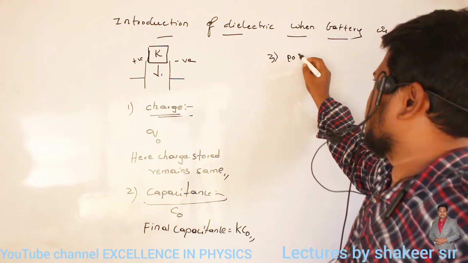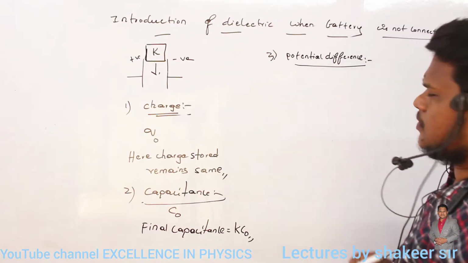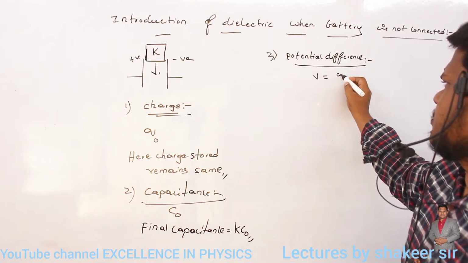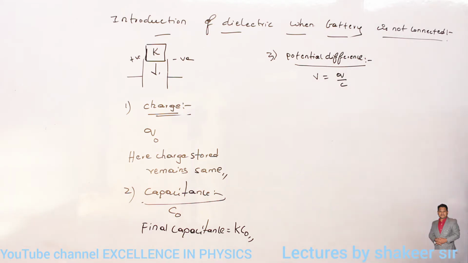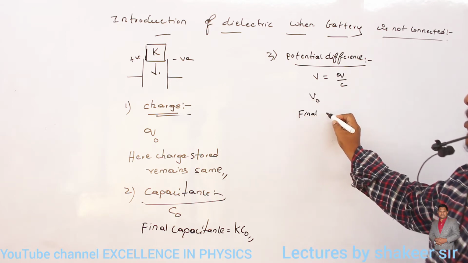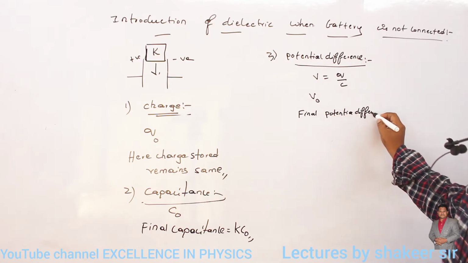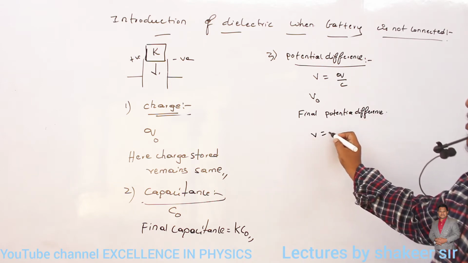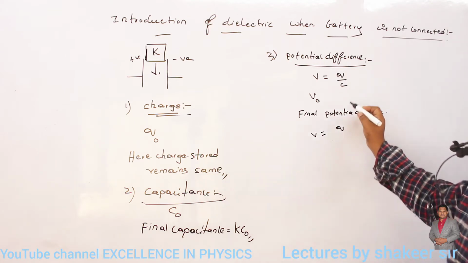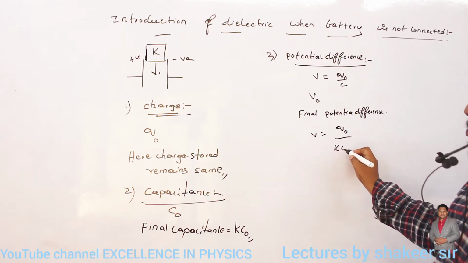Second one, third one. What about potential difference? Potential difference V is equal to Q divided by C. That is the formula. Let the initial potential difference be V naught. For the final potential difference, V is equal to Q; charge always remains the same, so Q naught divided by C. Capacitance has increased by K times, so K into C naught.